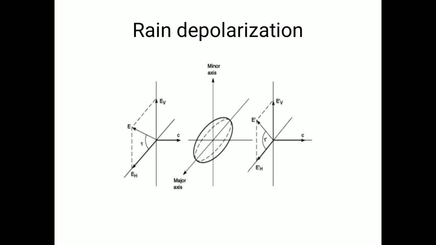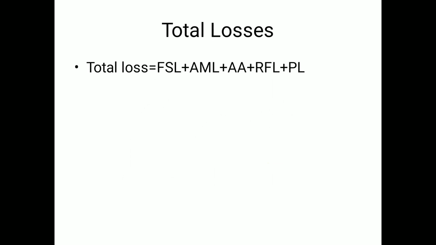When it passes through this raindrop, which is oblate in nature, it has a different distance to travel in the vertical and horizontal directions, and therefore there is a different attenuation of the signal in the horizontal and vertical directions, which results in a change of its orientation. Instead of tau, the new orientation that the signal has with respect to the horizontal plane is tau dash.